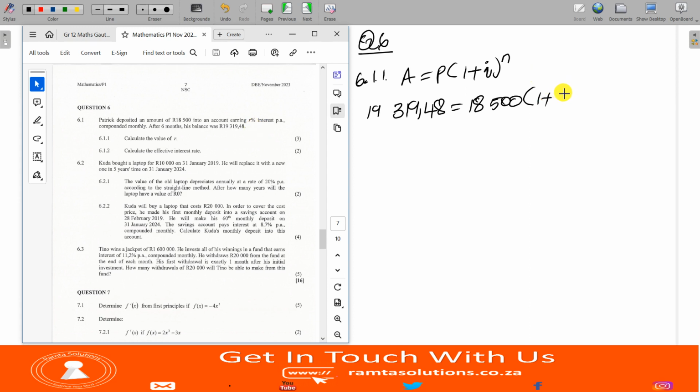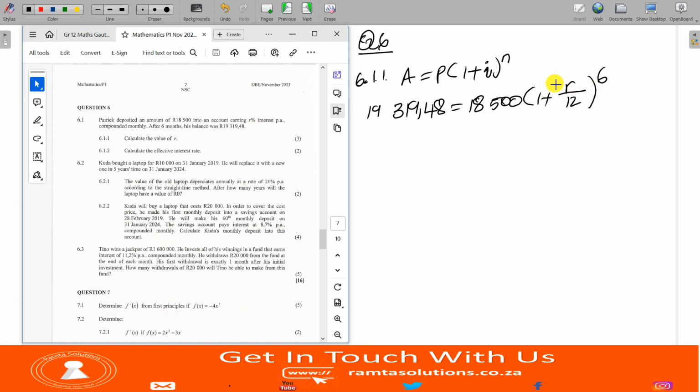It was R%, compounded monthly, so it'll be R over 12. And for n, because it's after 6 months, it'll simply be 6.